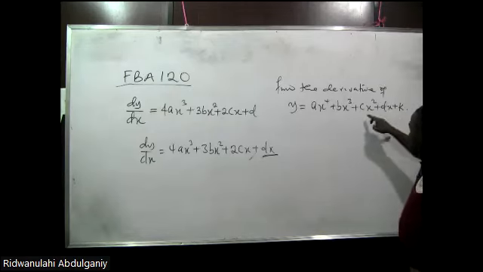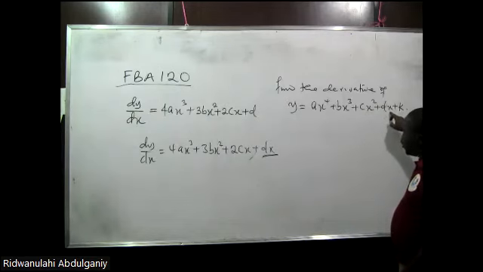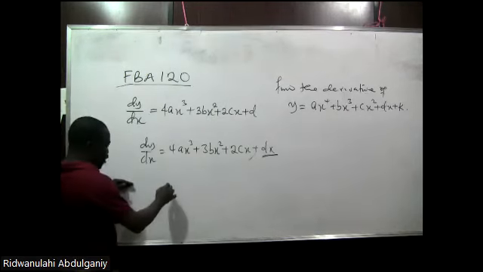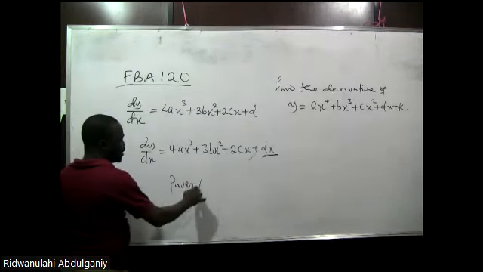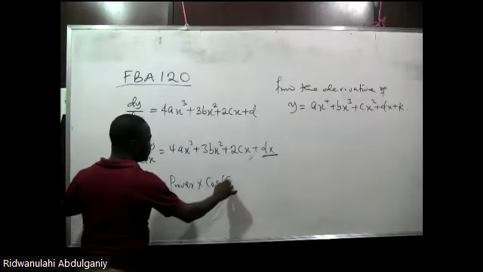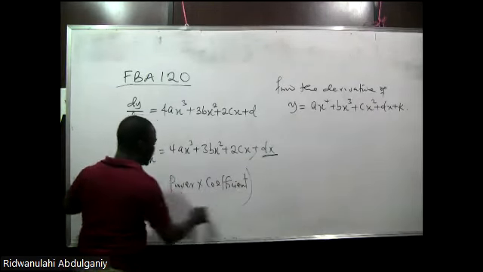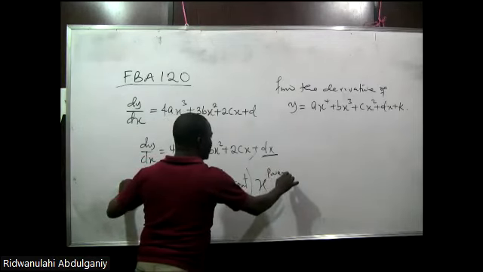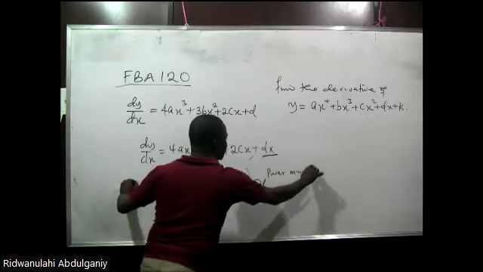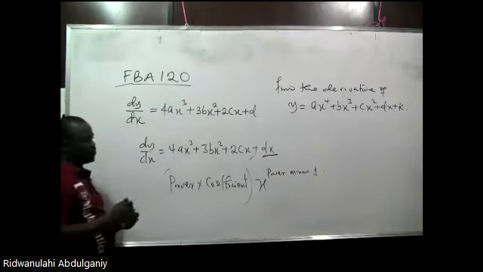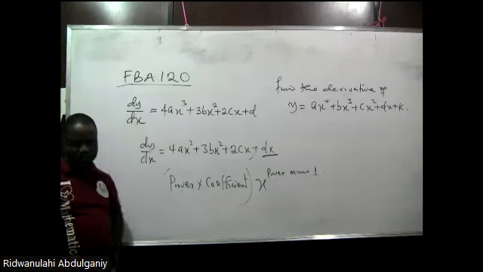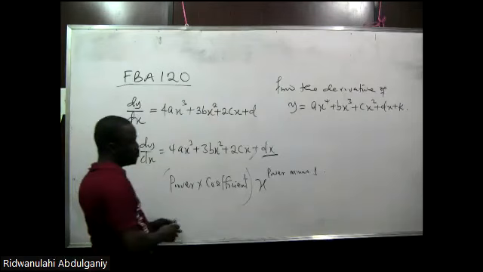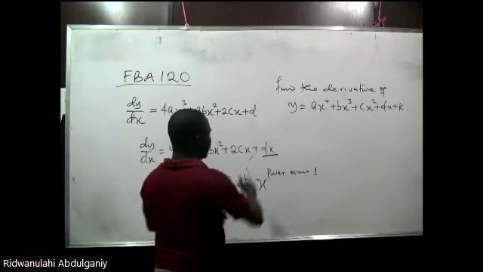Are you sure? Look at the formula. Power times coefficient, x raised to power minus 1. That's your formula. So if you subtract 1 from the power you have there, the answer will be d.